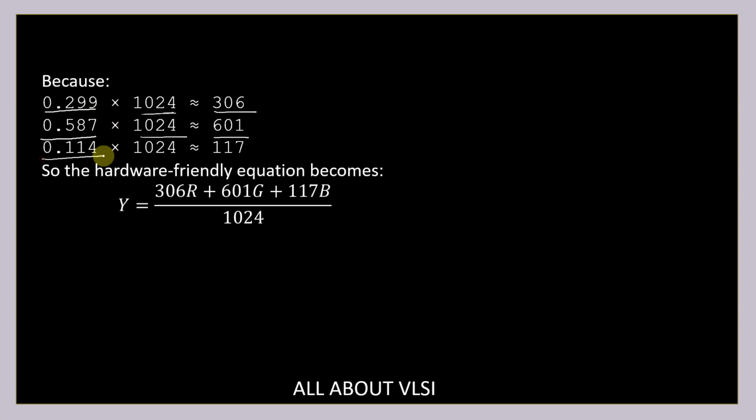And 0.114 into 1024 gives 117. So we multiply 306 into R, 601 into G, 117 into B, and divide by 1024, and we get the same thing.